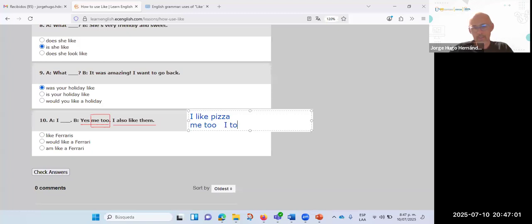You are going to say, for example, I too. Because you think in Spanish and you say yo, I. También, you can look in the dictionary and find too or also. But you don't know what to say. I too, I also, but no, you are wrong. When you are going to say that you also like something, you have to say me too, okay? So it's important to learn this expression.